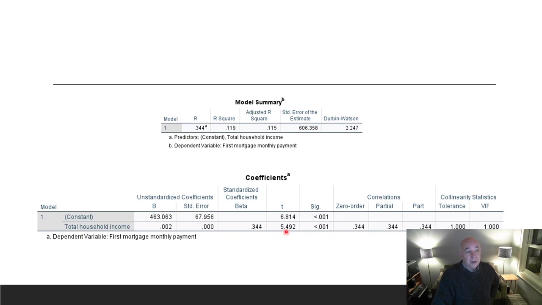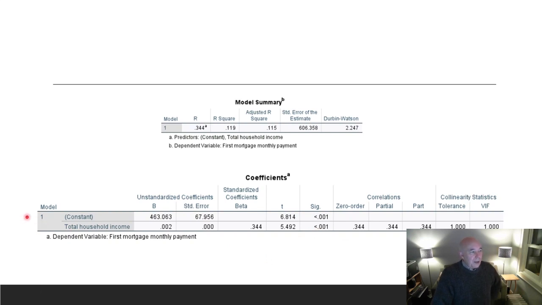You report that t is 5.4, p is less than 0.01. The variable is explanatory. If this t were much smaller and your p-value was above 0.05, you would throw this variable out and say it's not explanatory. So I want to make sure that you know that because you're going to run across variables that aren't explanatory, and you need to talk about this.